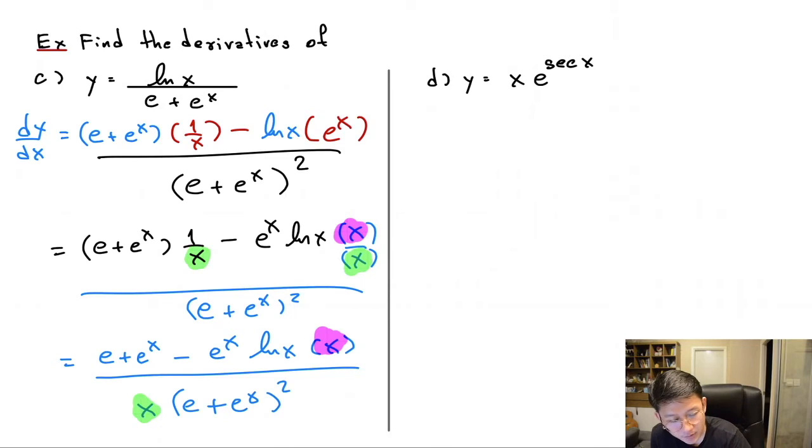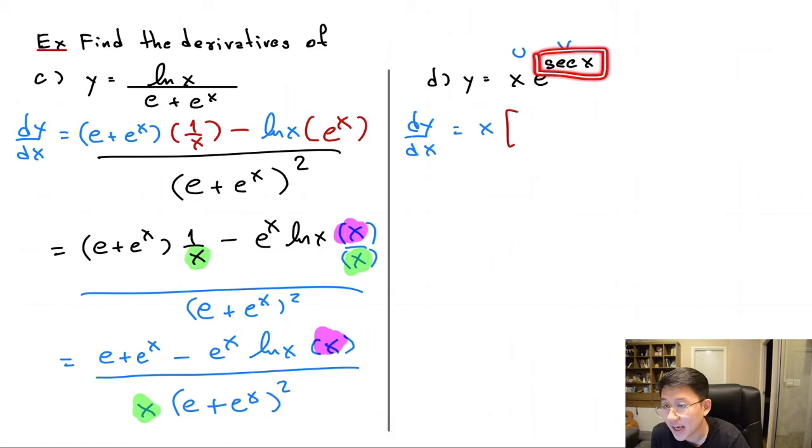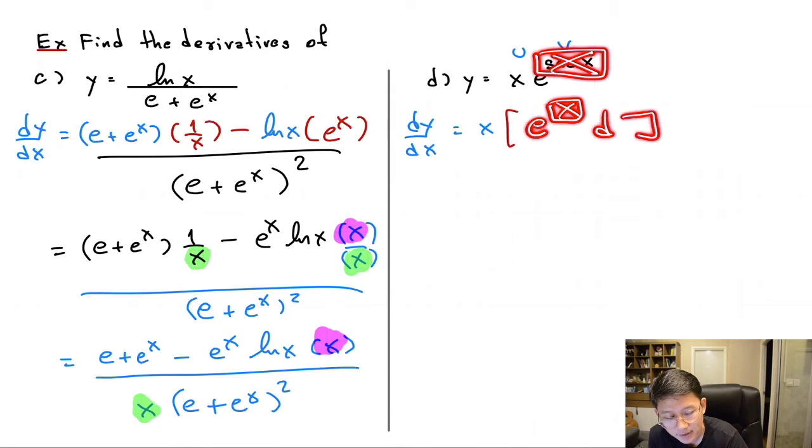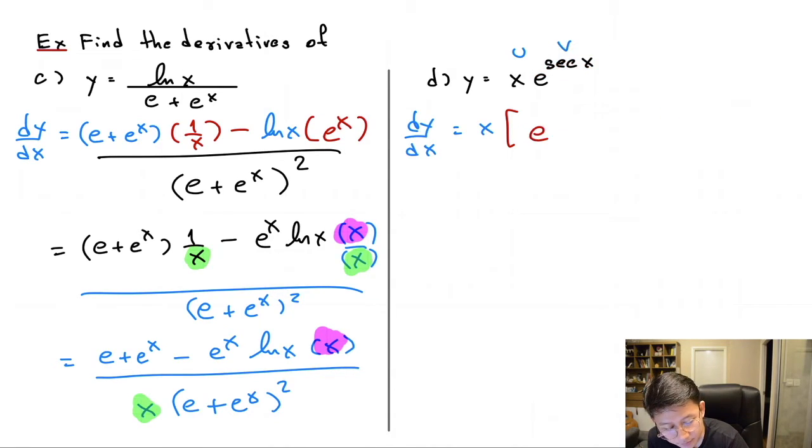The next one again is u and v. Right? So dy by dx is u, which is x, dv. What is dv? I'll look at this as the big X. So the derivative of e to the x is e to the x, and then the big X by dx. Okay, I'll do it slowly.